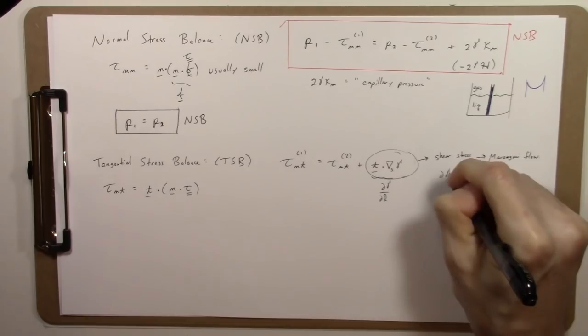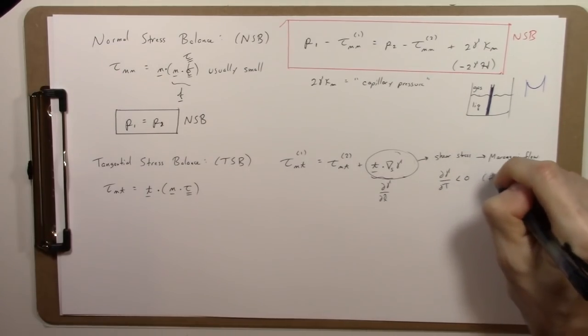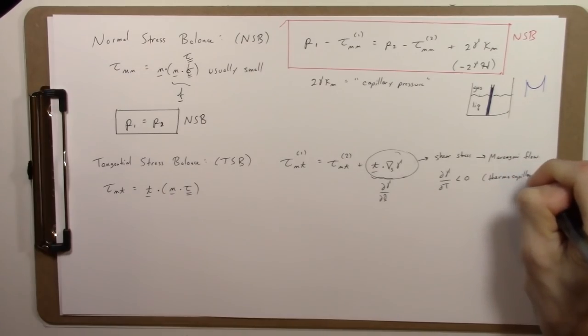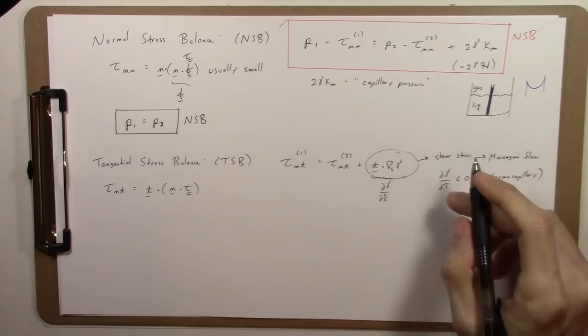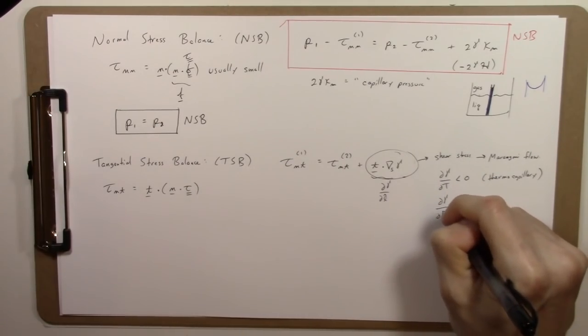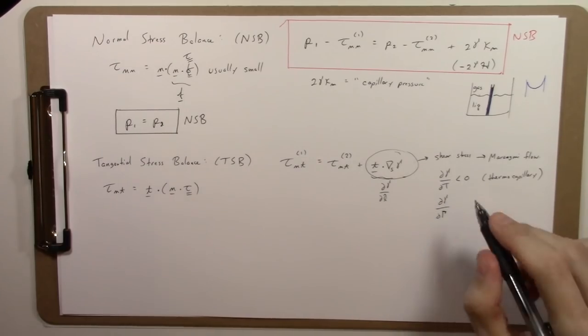Now the interfacial tension, as I mentioned, decreases with temperature. That's known as a thermocapillary flow, and it also decreases with concentration of surfactant. Surfactant concentration, like a soap concentration, we denote by capital gamma.